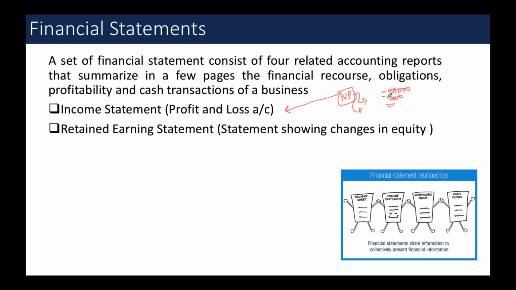So in that case, instead of preparing a retained earnings statement, we prepare a statement called the statement showing changes in equity. When you prepare the statement showing changes in equity, you need not prepare a retained earnings statement because you have a column for retained earnings as well. This is, say, for example, equity, and this is retained earnings.